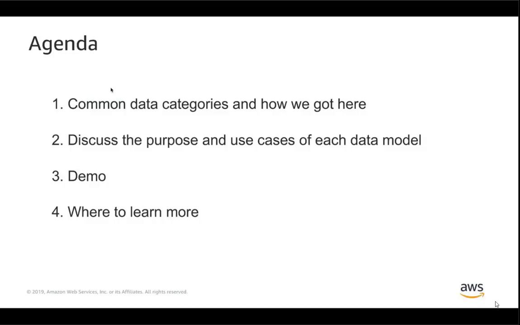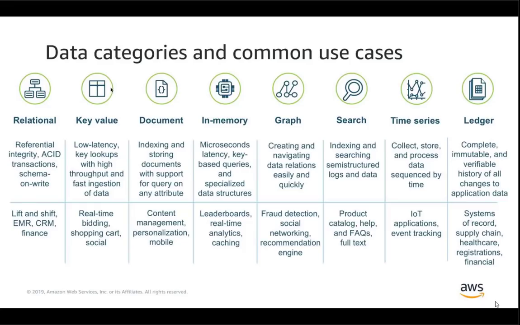So let's get started. If we look broadly across the industry, there are quite a few databases, I think northward of 340 different database options out there today. But they all fall into these broad data categories: relational, document, key value, in-memory, graph, search, time series, and ledger.